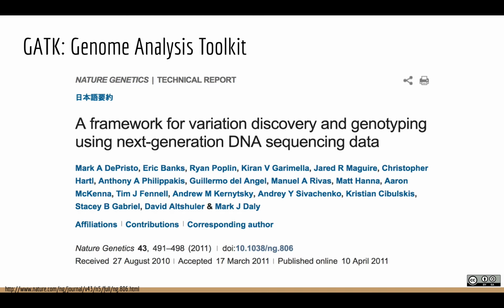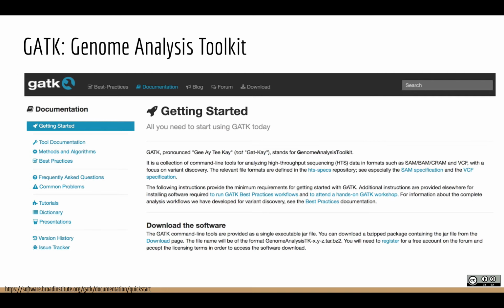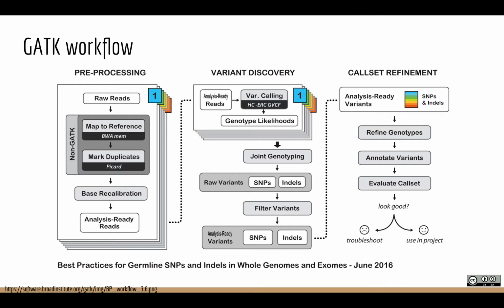So if you dig this stuff, I'd recommend reading this paper. It's widely used also because they've committed a lot of effort to software documentation. Writing documentation for software is really boring, but it really helps your community of users use it well. They've done a great job with that.